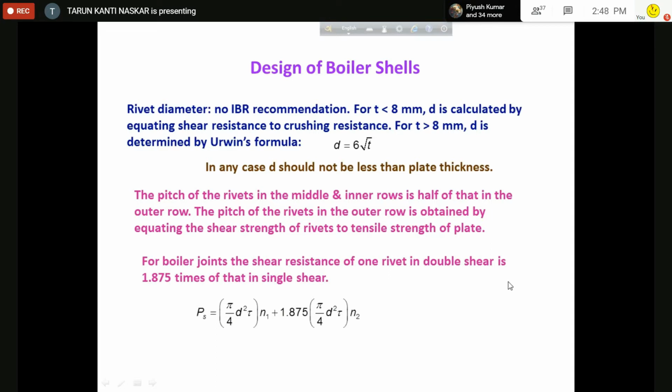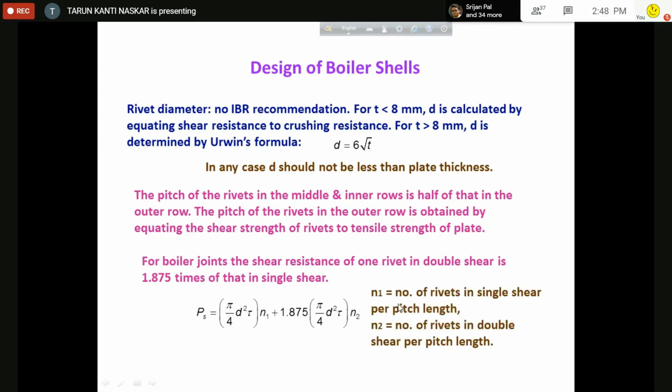Now for boiler joints, there are both lap joint and butt joint. So obviously there will be some rivets subjected to single shear, and some rivets subjected to double shear. This is the expression of shear resistance: pi by 4 d square tau into n1, plus n2, and instead of 2 we use 1.875.